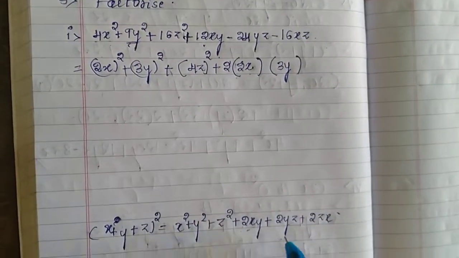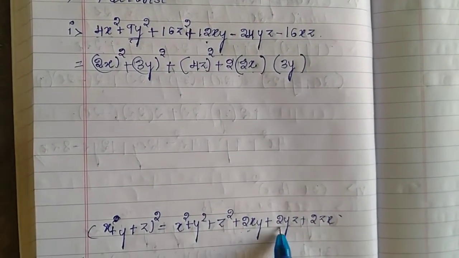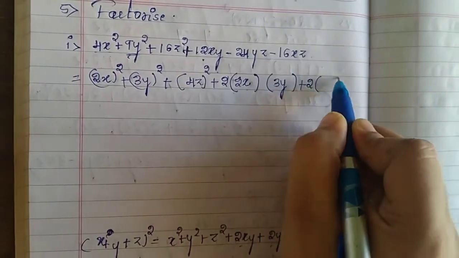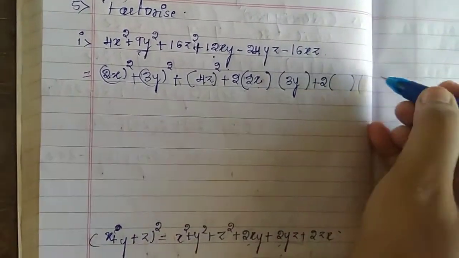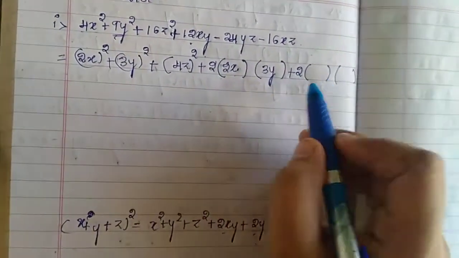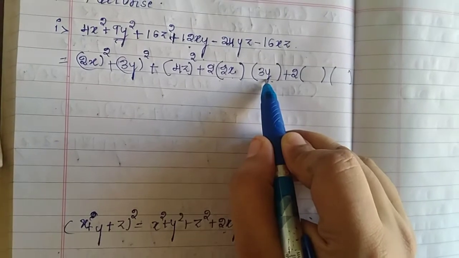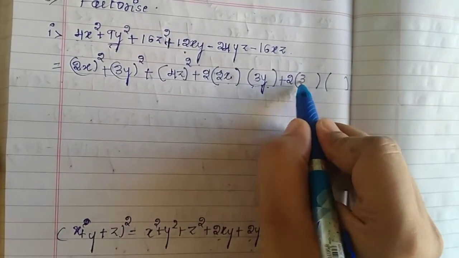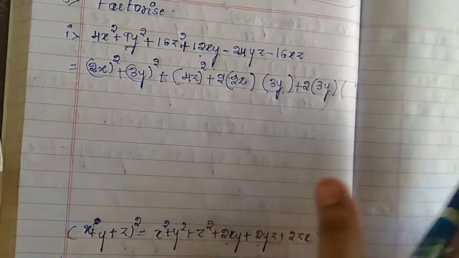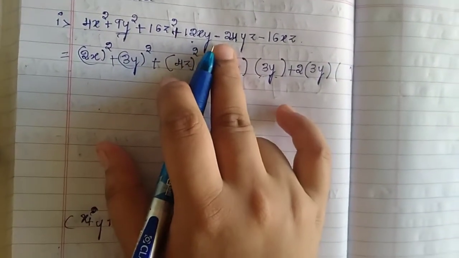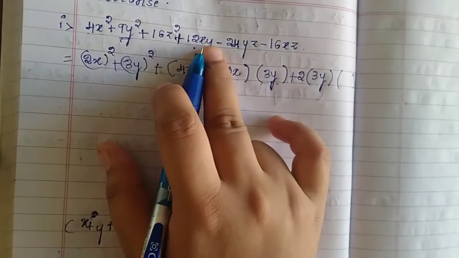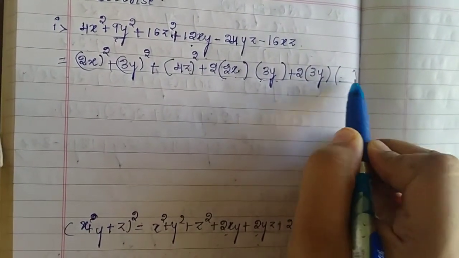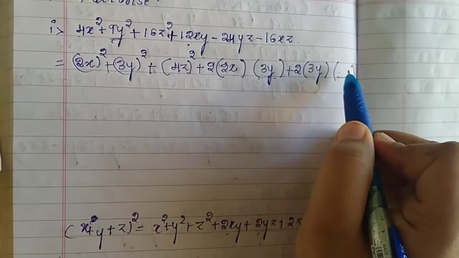The next thing is plus 2yz, so plus 2 into y into z. The y value is fixed over here as we have decided, that is 3y only. But the product here is minus, which means the z value should be negative.